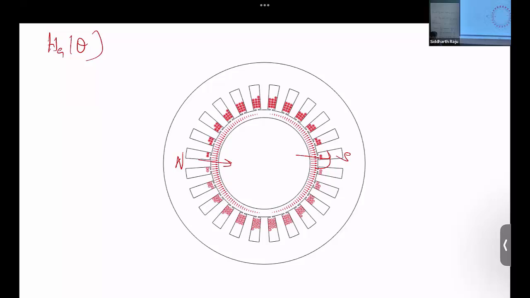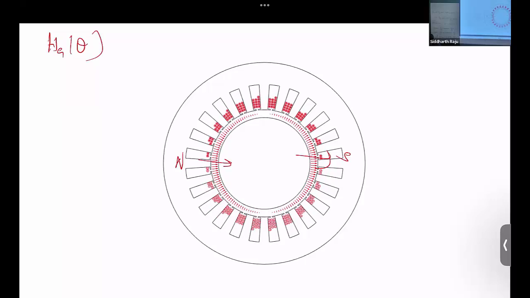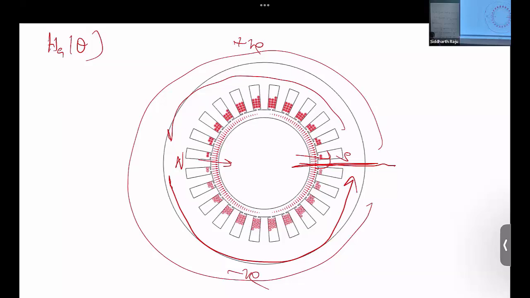Perfect. So what we can do is, exactly the answer Maxwell gave, whatever motor I have here, if you see the conductors on the top half, 0 to 180 degree, were all positive conductors. And on the bottom half, it was all negative conductors. So think of it as cutting this motor open at this point and compressing it in such a way that it only occupies 180 degree. Right now it goes from 0 all the way to 360 degree, but cut this motor here and just compress this so that it only goes from 0 to 180 degree.